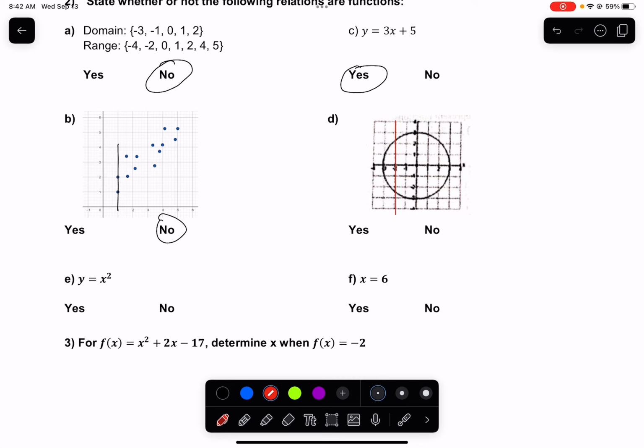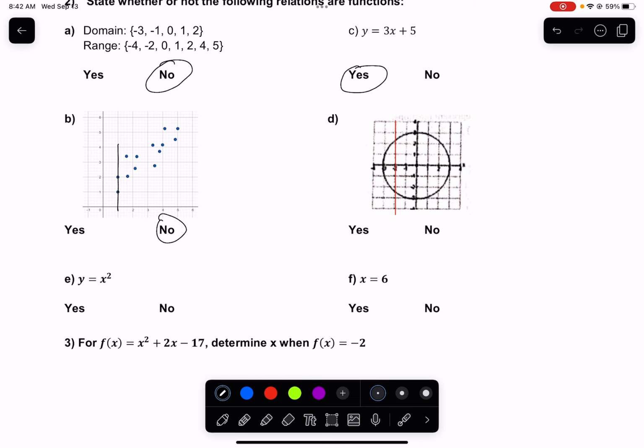Okay. What about E? You know the graph of E. What is that? Parabola or quadratic. Are there any quadratics that are not functions? Yes. Sideways. That's not a quadratic.